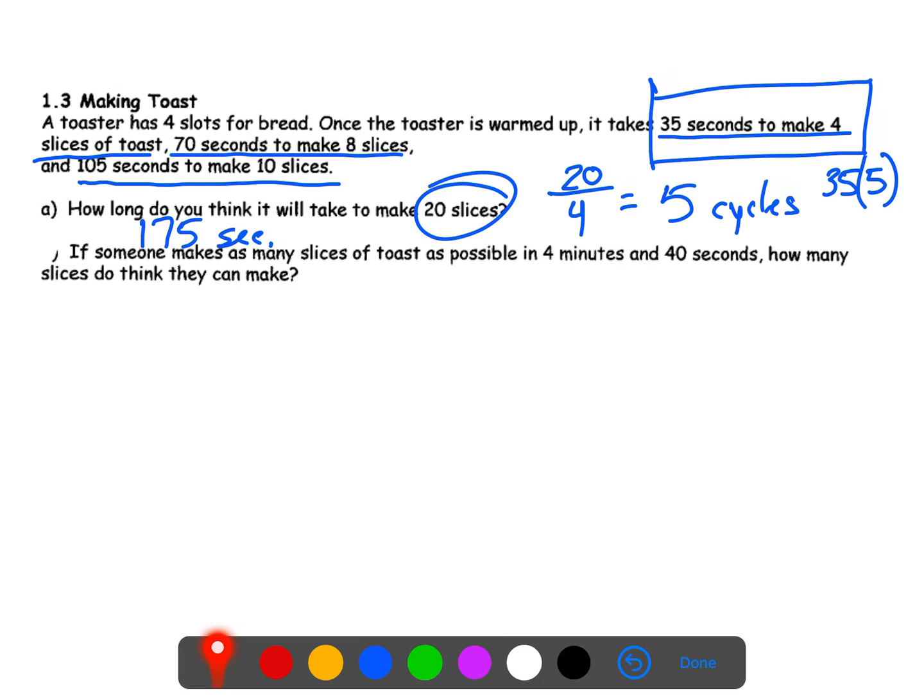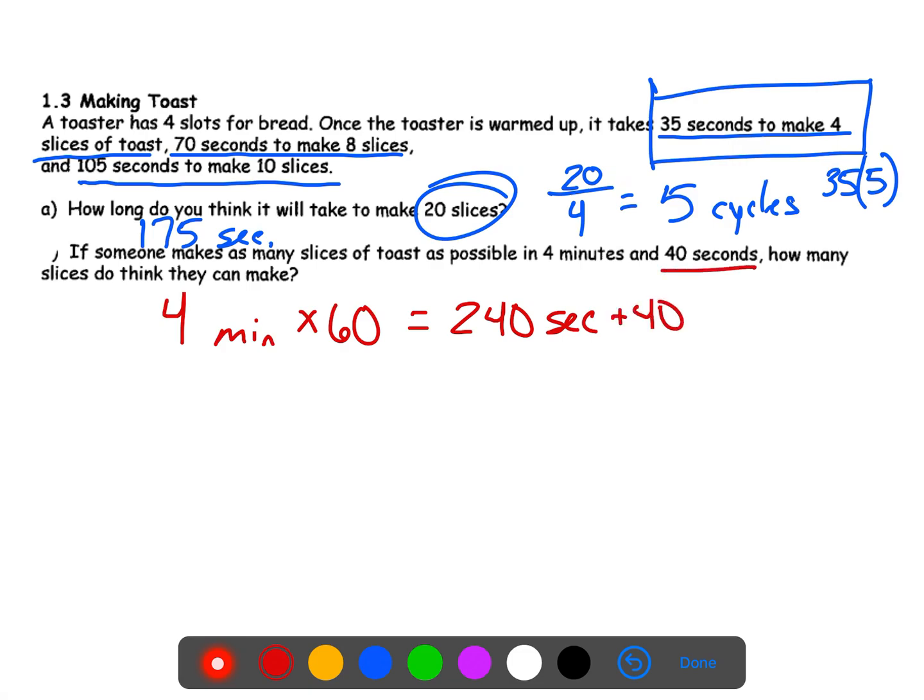So the first thing we should do is convert 4 minutes and 40 seconds into a total number of seconds. 4 minutes, each minute is 60 seconds, so let's multiply that by 60 to get 240 seconds. Don't forget about the 40 seconds also. So we're at 280 seconds. That is our time frame here.